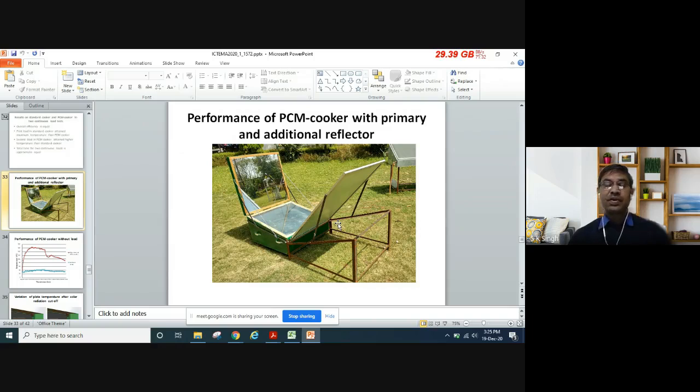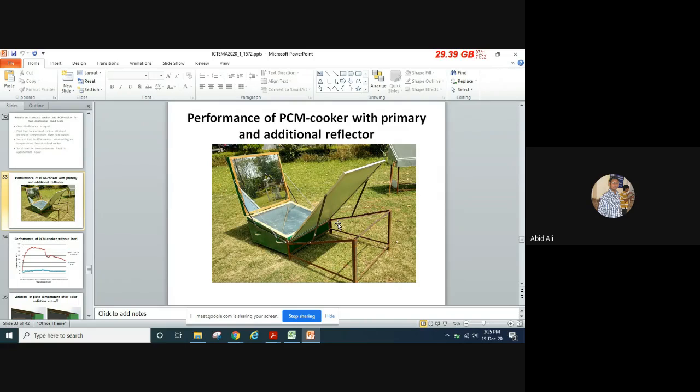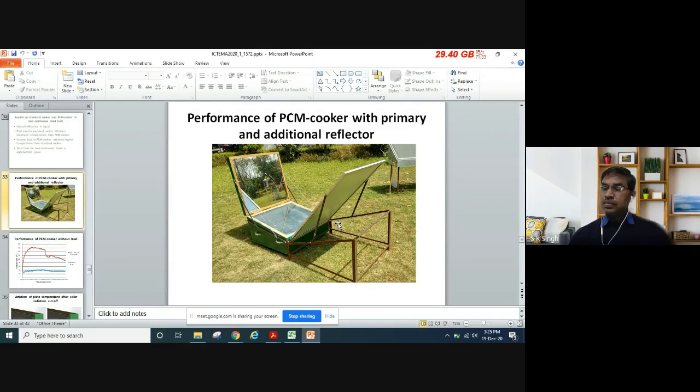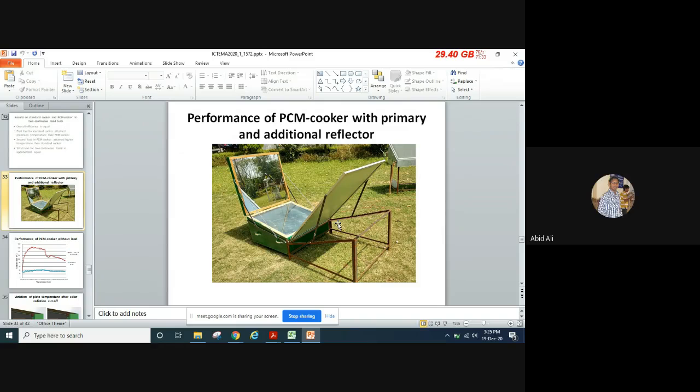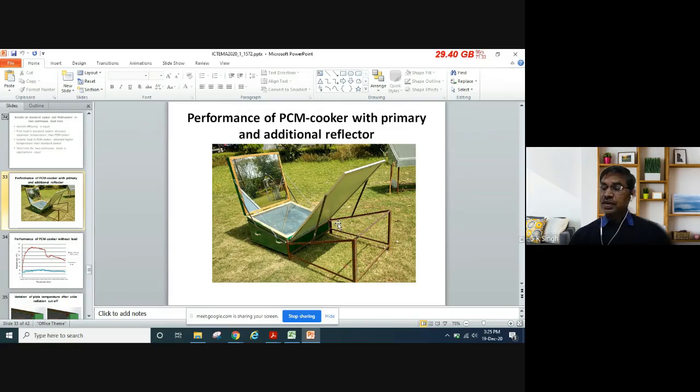No, cost. I want a cost-wise comparison. A standard cooker in the market has 0.25 meter square aperture area with a cost of around 4,500 to around 5,500. Only 4,000. And this system costs around 18,000.